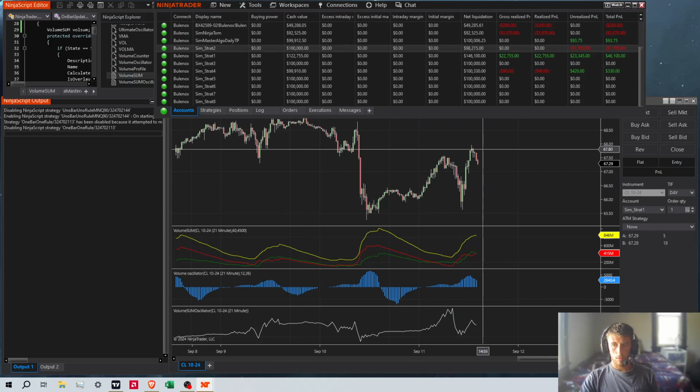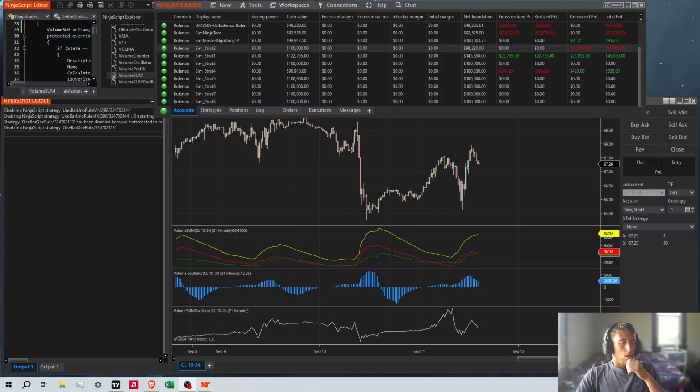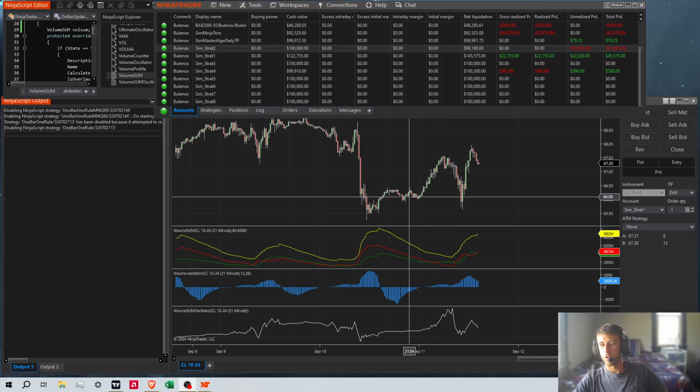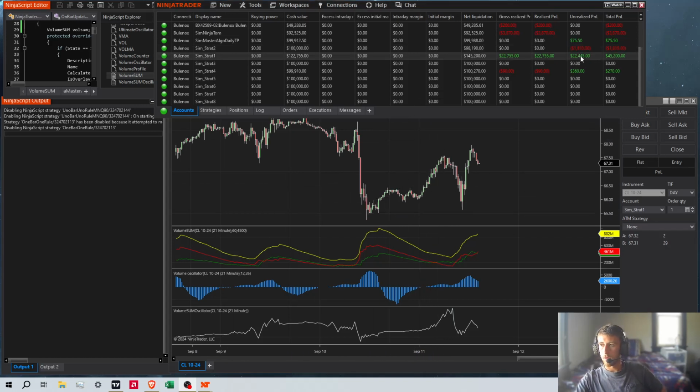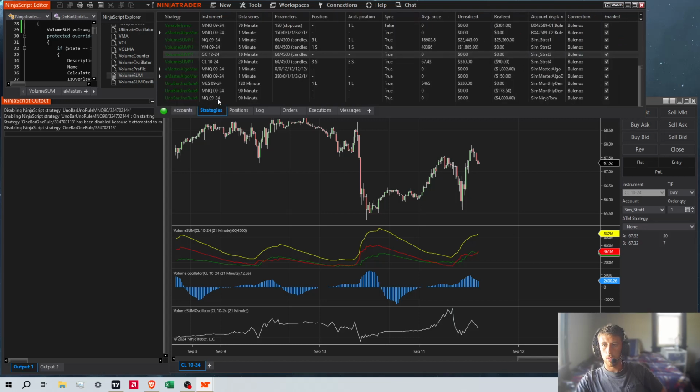But I think the idea for the strategy that I want to build is, actually, let's open this one. It's good on chart one, so NQ 1 minute.